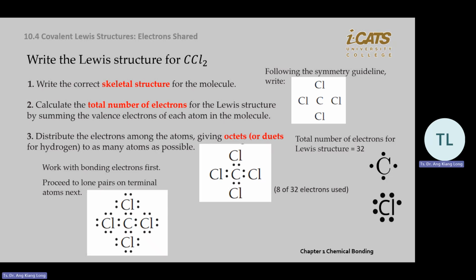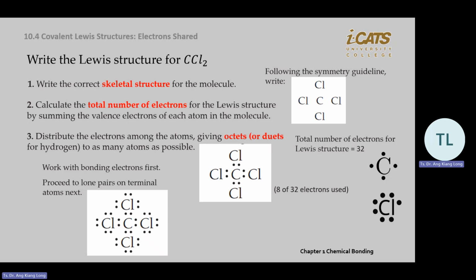You check carbon in the middle first. Carbon 8 electrons, octet achieved. Then you check each of the Cl. Cl on the left, you got 8 electrons, octet. On the top, 8 electrons, octet. On the right, Cl, you got 8 electrons, octet. And the bottom Cl, you got 8. So this one is already balanced.